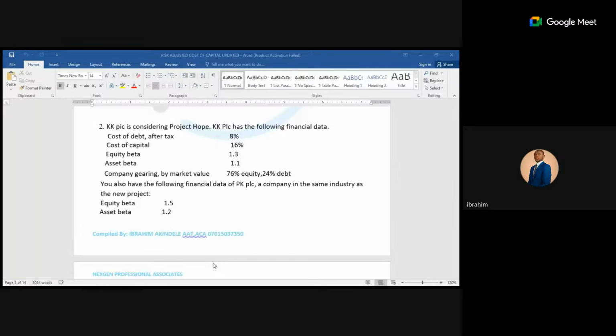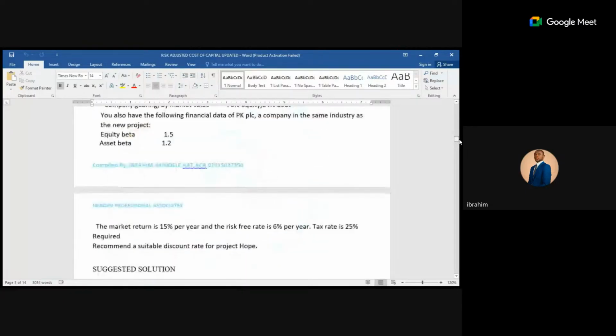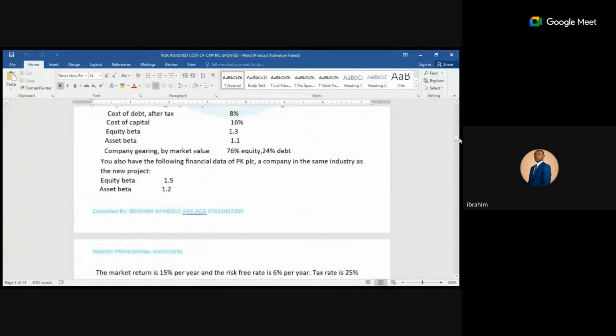Okay, so we'll continue with our lecture on project specific cost of capital. Class, last class we actually solved a question, an example, but today we'll continue with that.